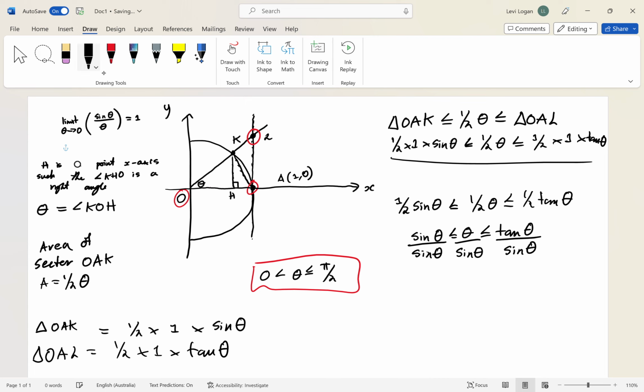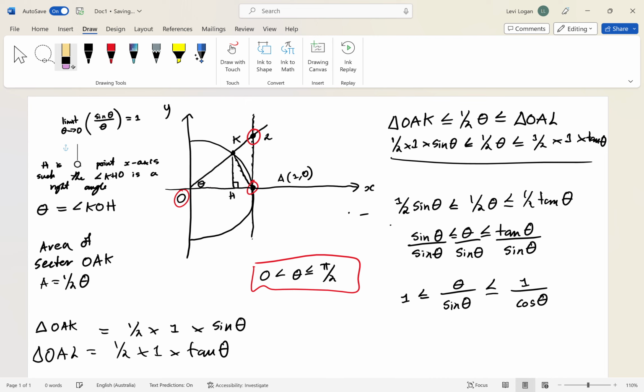So we're left with 1 is less than or equal to theta over sine theta, which is less than or equal to, so tan theta is equal to sine theta over cos theta. So when you divide by sine theta, you're timesing by sine theta on the bottom, and it's cancelling with the sine theta on the top. So we're left with 1 over cos theta here.